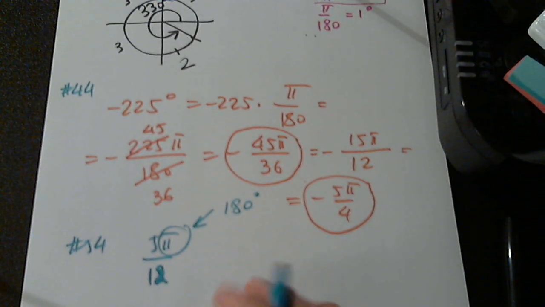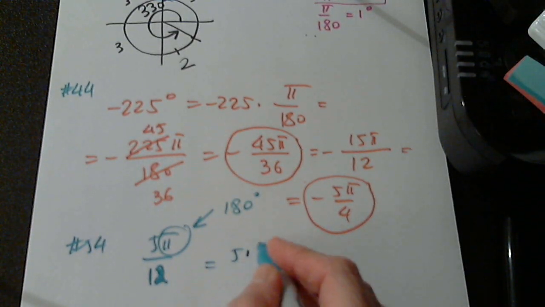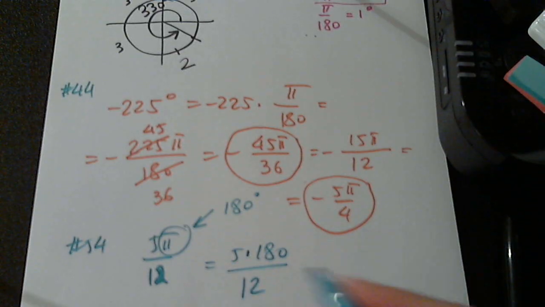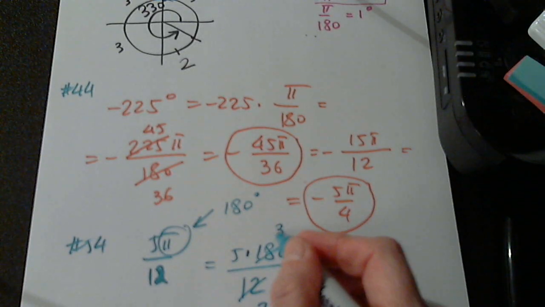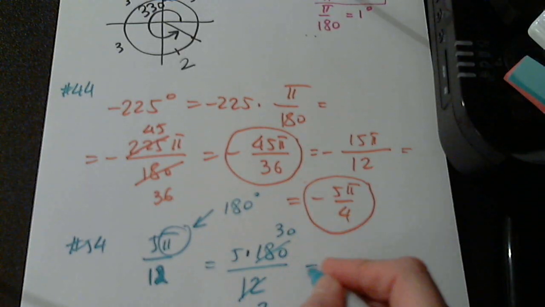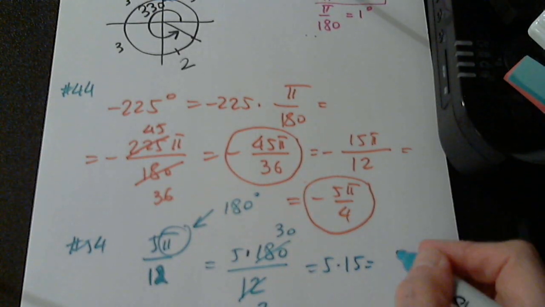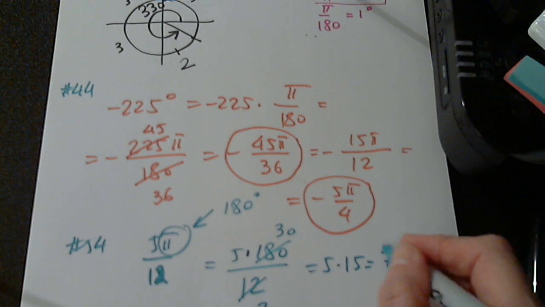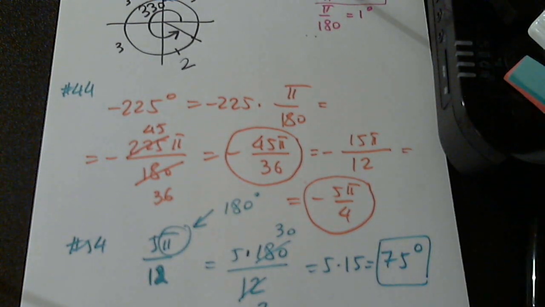That's the easiest thing to do. So we have 5 multiplied by 180 divided by 12. I'll simplify by 6. I'll simplify by 2. So 5 times 15, and that's 75 degrees. Any questions?